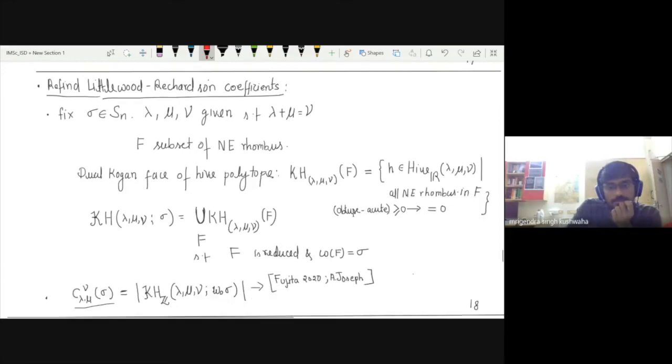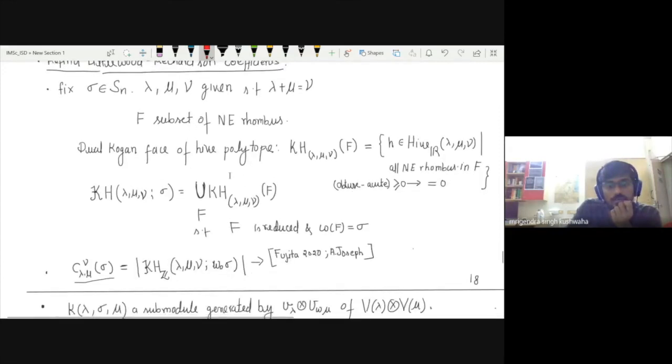Okay. And now we take the union of all such dual Kogan faces of the Hive polytope, the union of all these Kogan faces, where F is reduced and this WF gives a given sigma. That will be denoted KH lambda mu nu sigma. So when you specify sigma, this sigma can appear from many reduced faces, as I told you above.